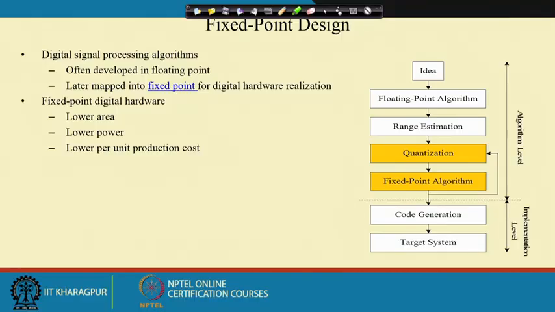In floating point, the corresponding range is very wide. But in fixed point, whenever we are generating the hardware, the range of the data should be within a limit.